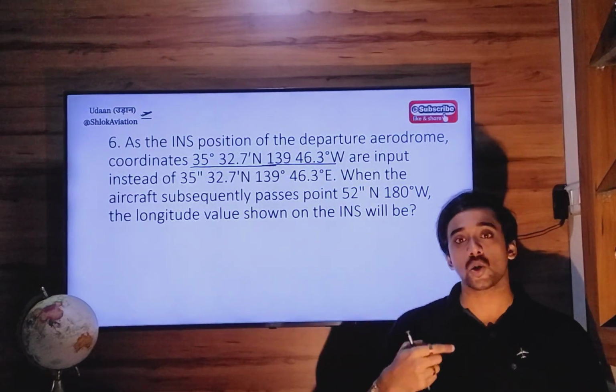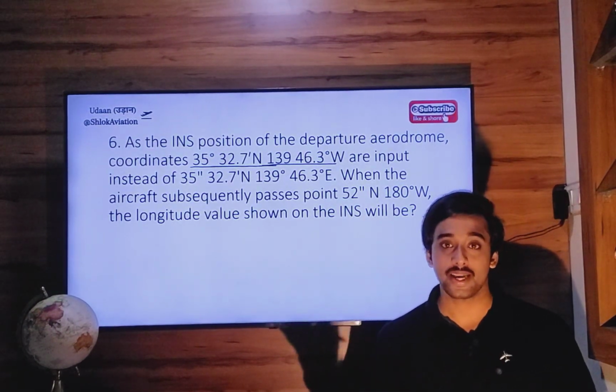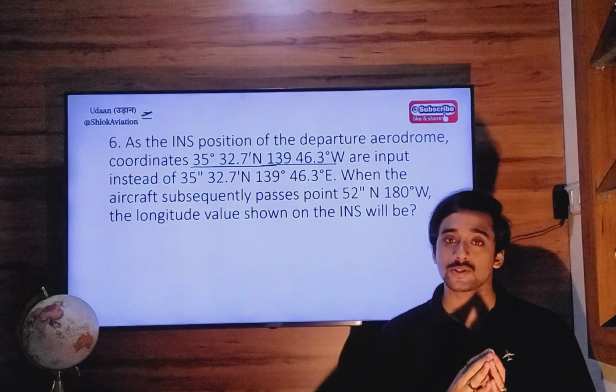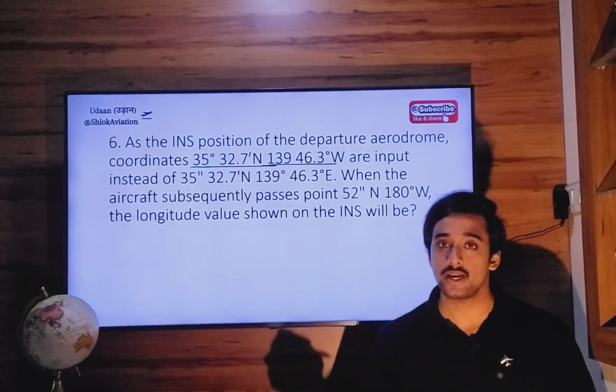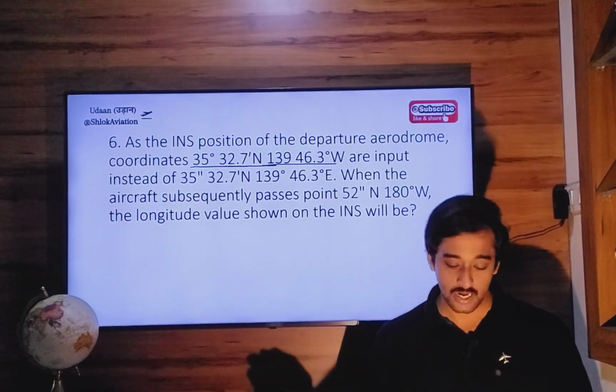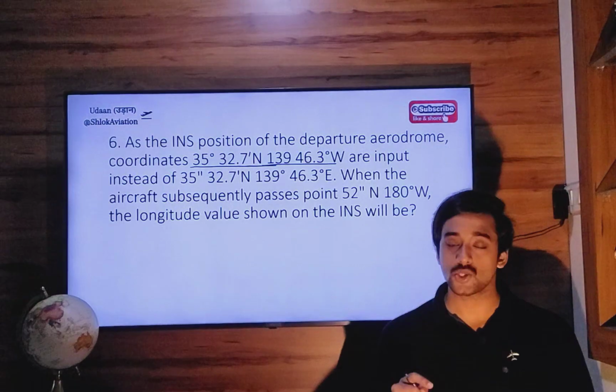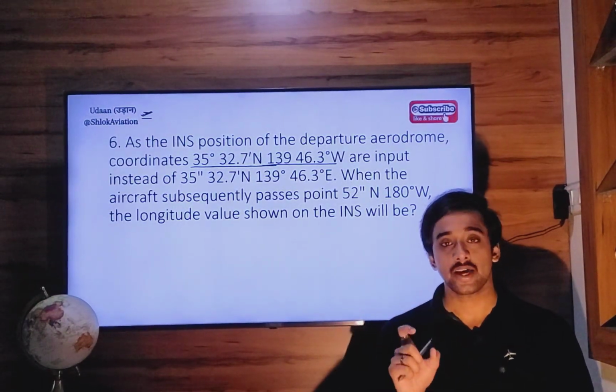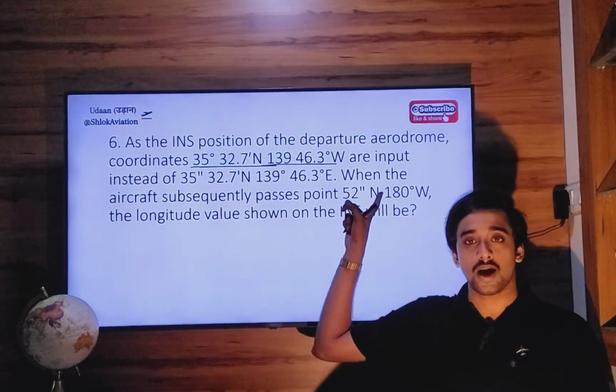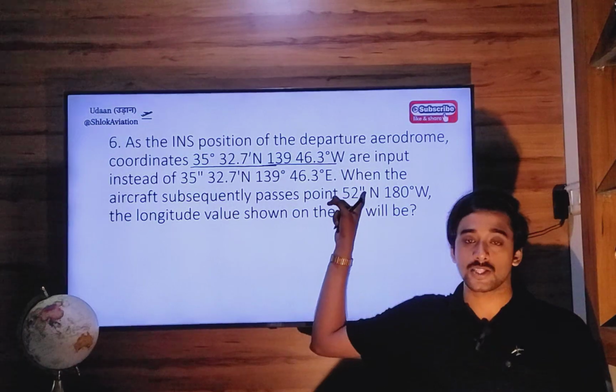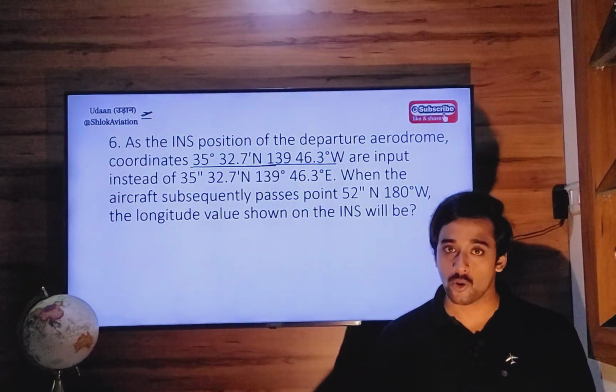But since you have put a wrong position at the beginning, what will happen? All the subsequent positions will also be reported wrongly, right? So they have asked us to find the wrong position that will be shown to us when we pass this particular checkpoint or waypoint.